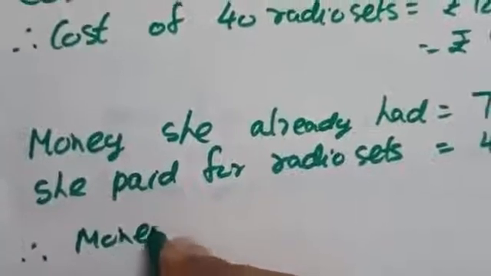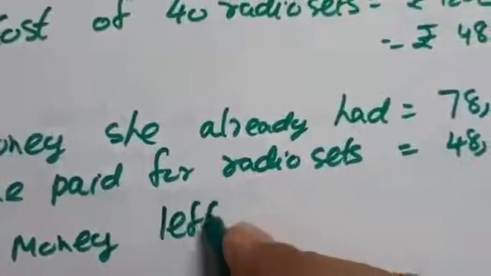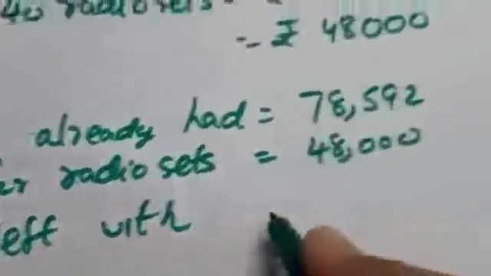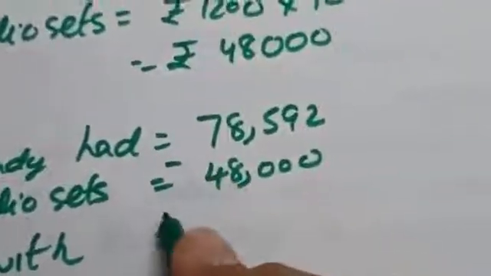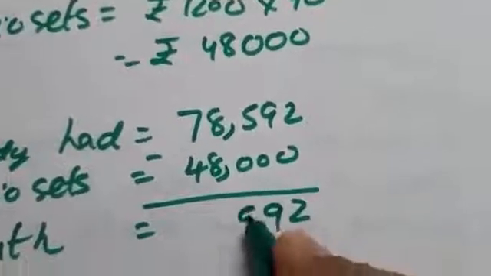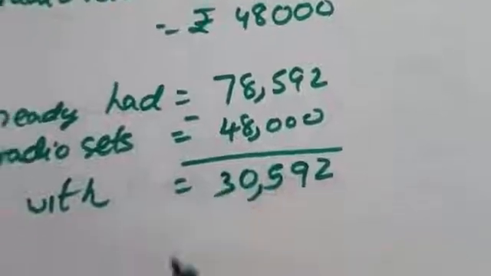Therefore, the money left with her will be minus, 30,592.